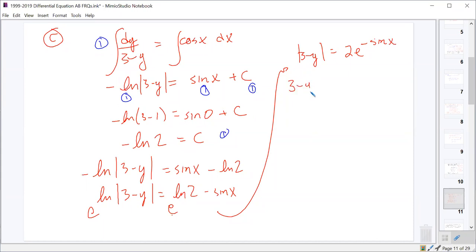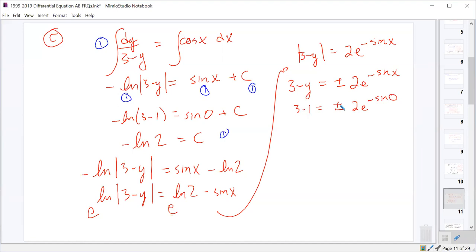Then as we clear off the absolute value, we have to put a plus or a minus in front of there. And so then using our initial condition of 0, 1, we can decide whether or not it needs to be the positive or the negative. Well, the left-hand side of this, if I plug in 1 for y, needs to be positive, right?